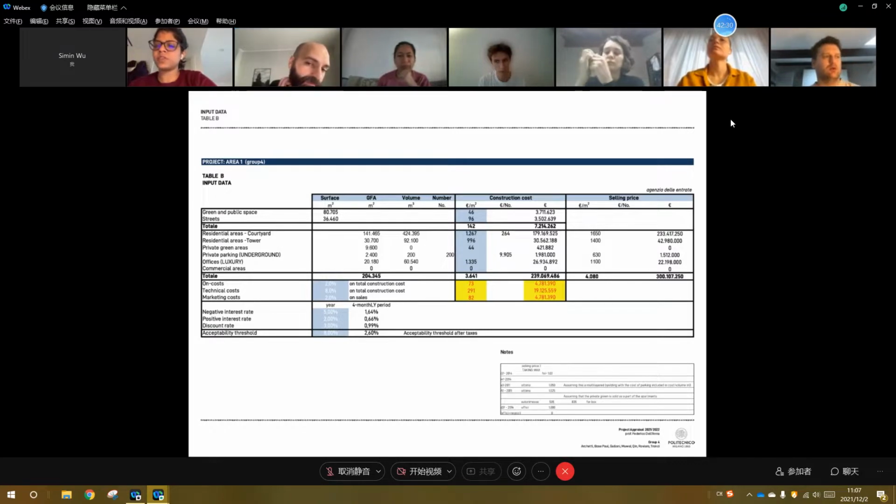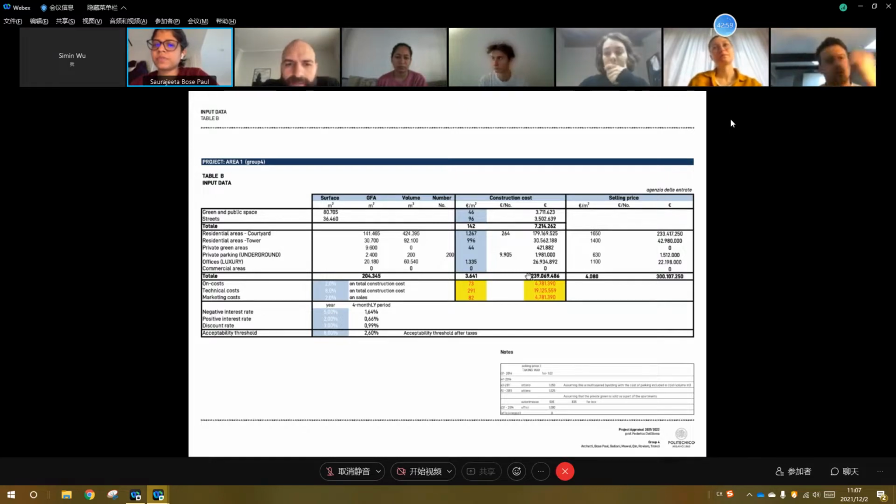Initially, when we did the calculations, we got a lower value: the total project output was lesser than the construction cost. So we increased the price of the residential areas to the optimum values. Otherwise, we could never make up the cost versus the selling price.